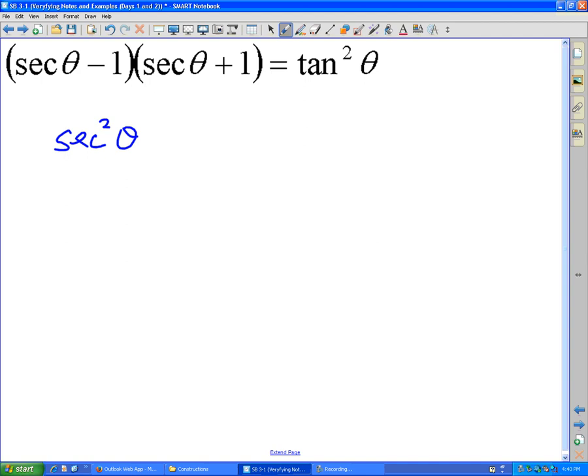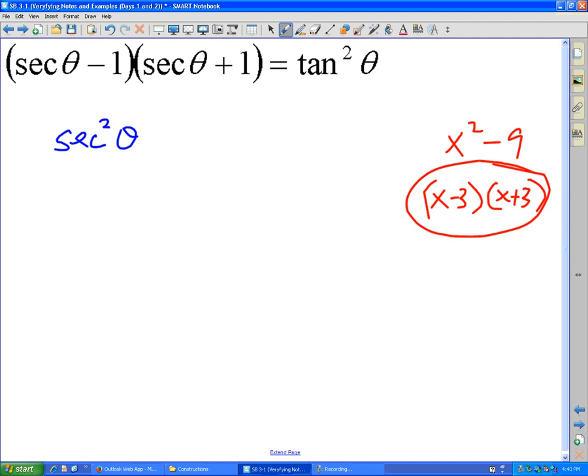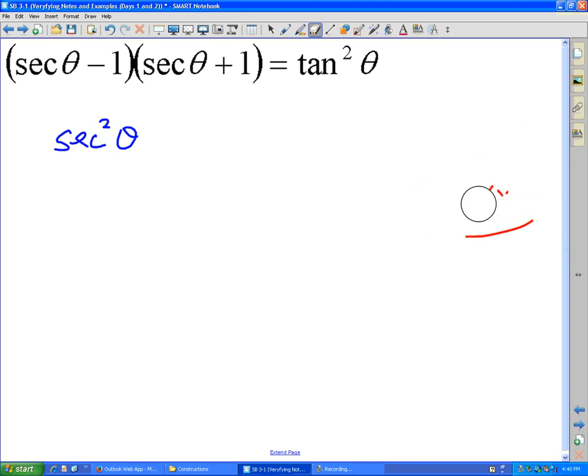In more simple algebraic terms, if we had x squared minus 9, like from algebra 1 or algebra 2, and we factored this into a difference of squares, x minus 3 times x plus 3, these would be called the conjugate pair. Anytime you multiply two conjugates together, you're always going to get a difference of squares because the middle terms cancel out. I'm going to get a negative secant and a positive secant, and those just go away. So all we really have left is the negative 1 times 1, which is minus 1.